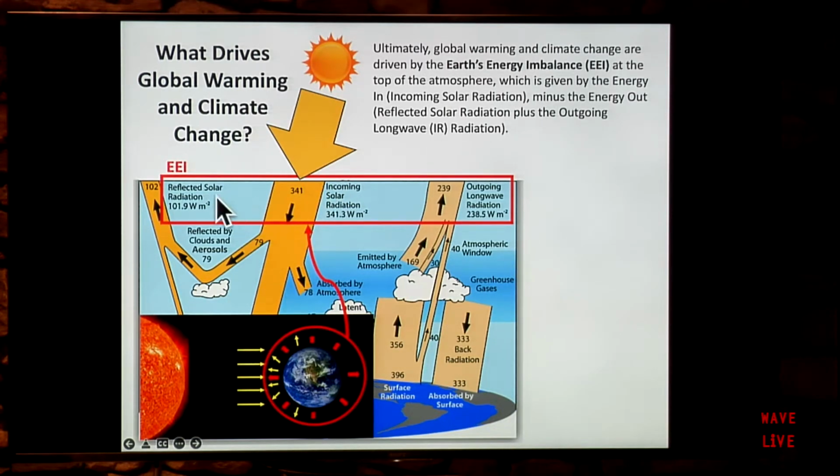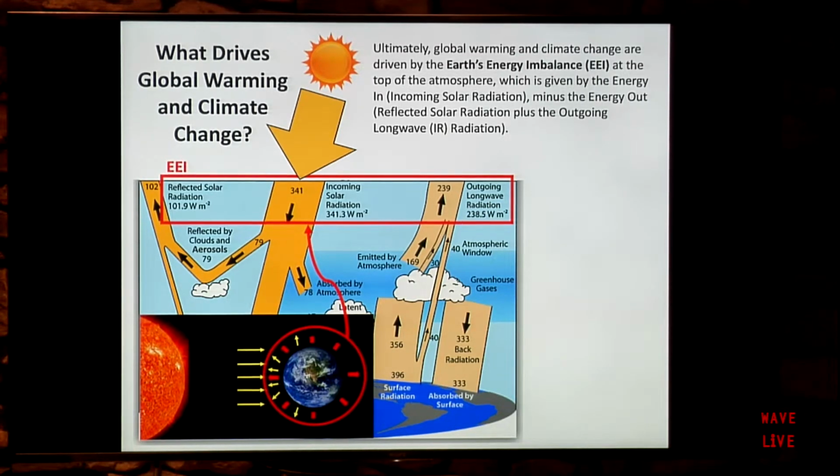And the reflected solar radiation going back out to space, which of course happens only on the daytime side of the Earth, not on the nighttime side of the Earth, is in fact this number right here. And then finally, we have these red arrows here, which depict the outgoing long wave or infrared radiation, which is happening all the time, all the way around the Earth.